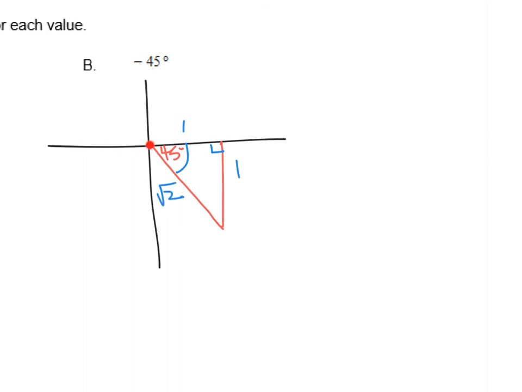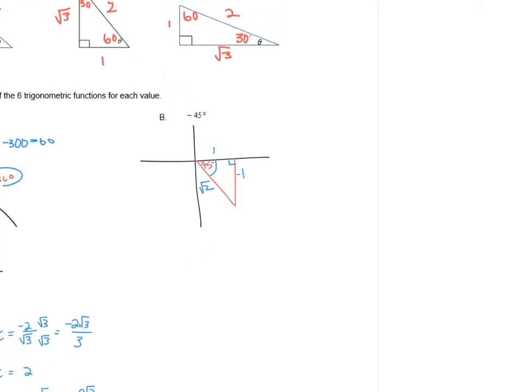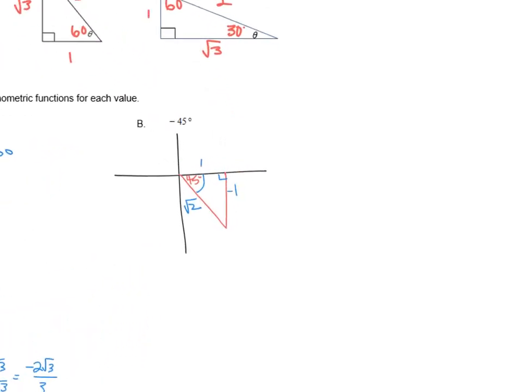Again, keep in mind your sides, it's a positive 1 to the right, it is a negative 1 going down, and your hypotenuse is square root of 2. So again, those 3 sides I'm just getting from our special right triangle over here. So if your reference angle is a 30-degree angle, a 60-degree angle, or a 45-degree angle, then you just plug in your sides from your special right triangles.